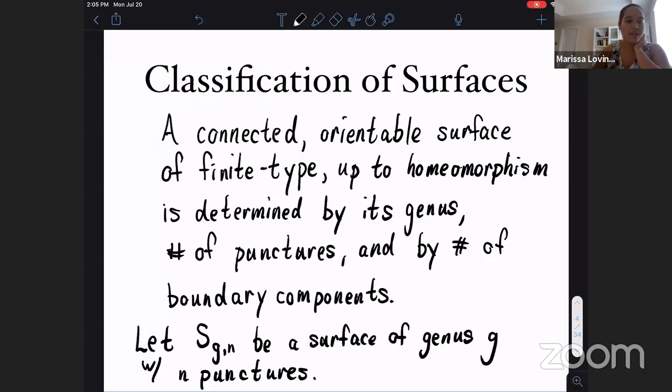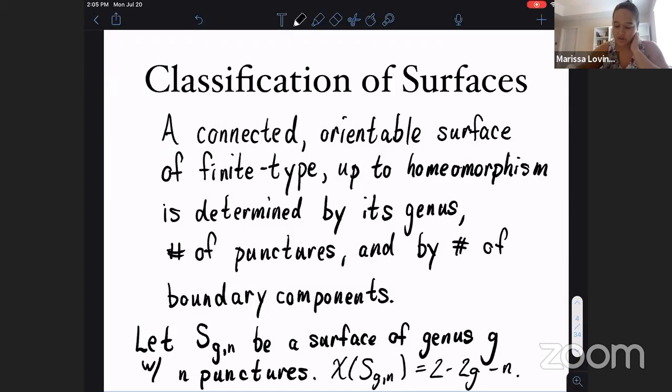Most of the time throughout the talk, I'm going to be focusing on surfaces that have negative Euler characteristic. And just to remind us what that is, for a surface of genus g with n punctures, this is just computed using this formula. So really I want to focus on punctured tori or higher genus surfaces with genus at least 2, or spheres that have maybe 4 or more punctures.